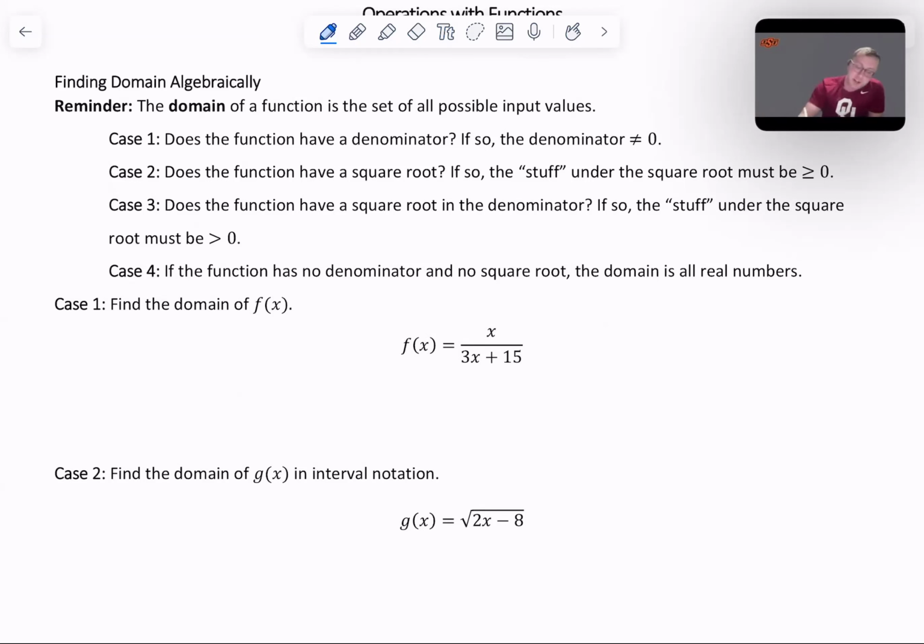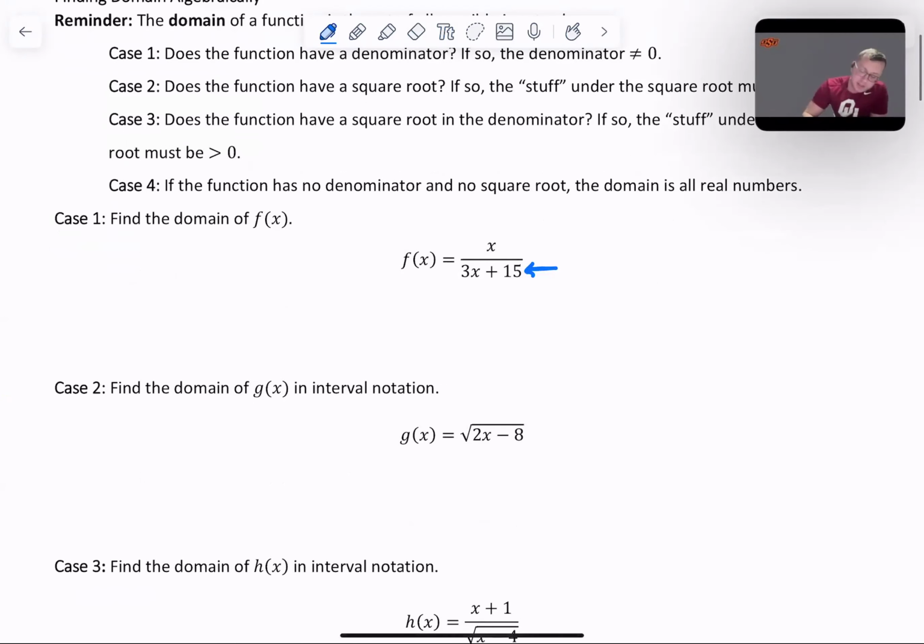Here, notice that the function has a denominator, namely 3x plus 15. So all I want to do is first set that equal to 0 and solve. So 3x plus 15 equals 0. First step is to subtract 15 from both sides.